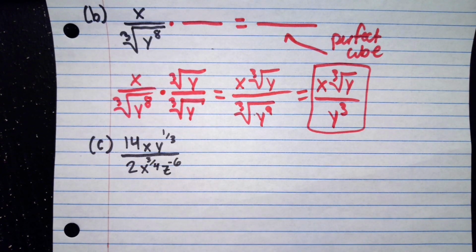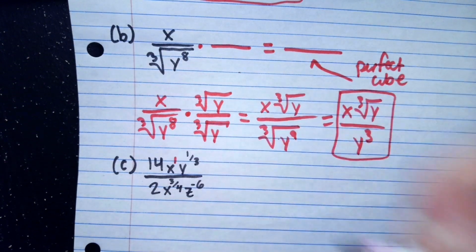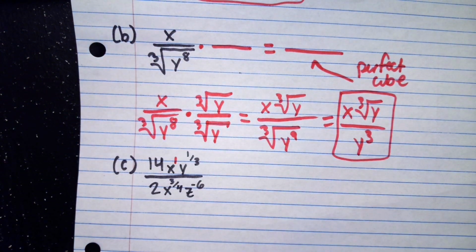So we have that 14 times x. Okay, so this x right here, we can pretend that it has a 1 exponent.